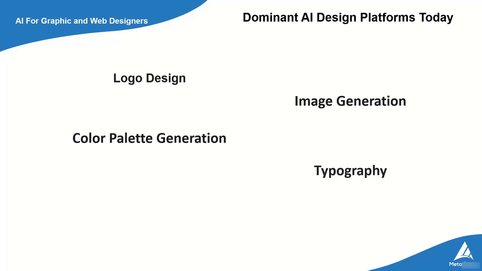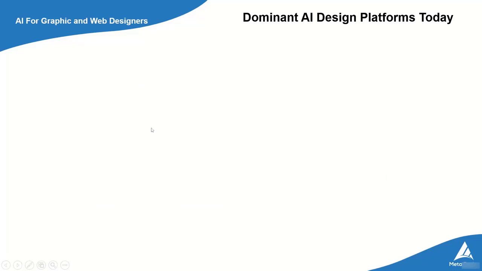Typography. Platforms like Typewolf and FontJoy can help graphic designers to select the right fonts for their designs and to create typographic compositions. Layout and composition. Platforms like Canva and Framer Web can help graphic designers to create layouts and compositions for their designs.